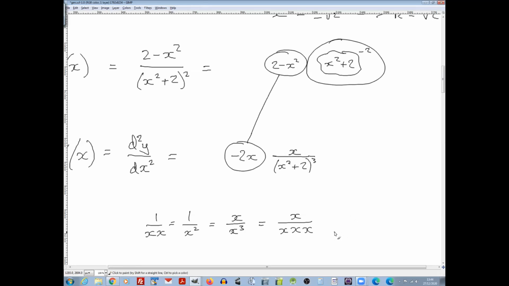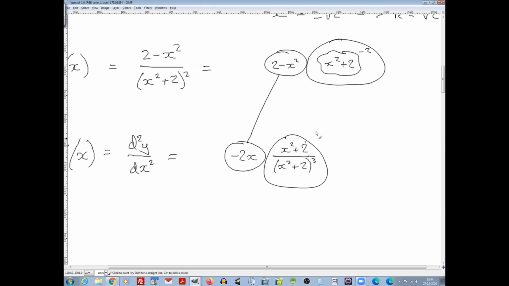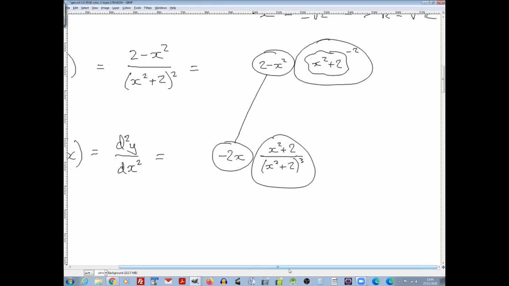Wait, let me think. You need to see the point of the example here. Okay, it's a square into a cube. Square plus 2. Yes. Now we've got exactly what we've got up here, just written.